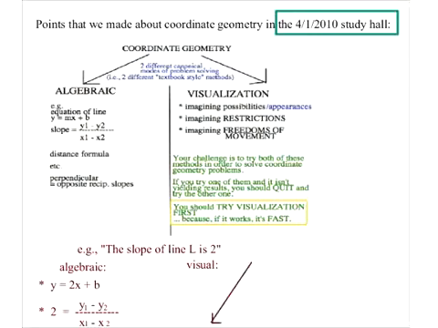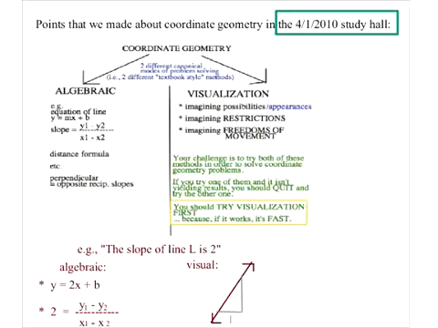It goes up from left to right. Specifically for every 1 unit, 2/1 is the slope. So for every 1 unit that it goes over, it goes up by 2 units. So that's what it looks like from the visual standpoint.